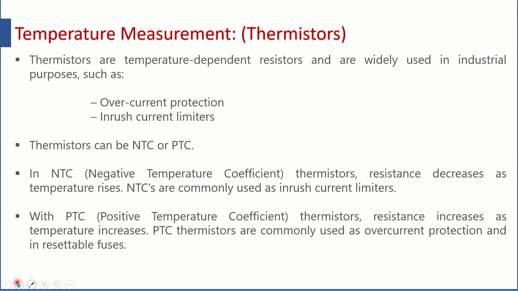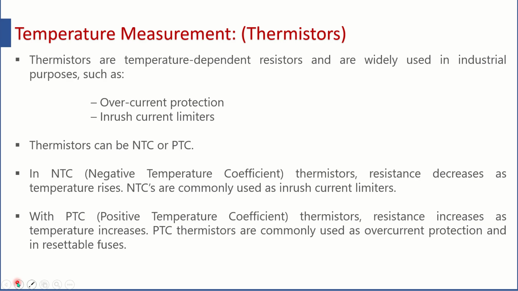Because when the current is very high, then the resistance changes and heat is generated. When heat is generated, the resistance through this device decreases, and the entire current passes through the thermistor. It does not let the current pass through the actual instrument.